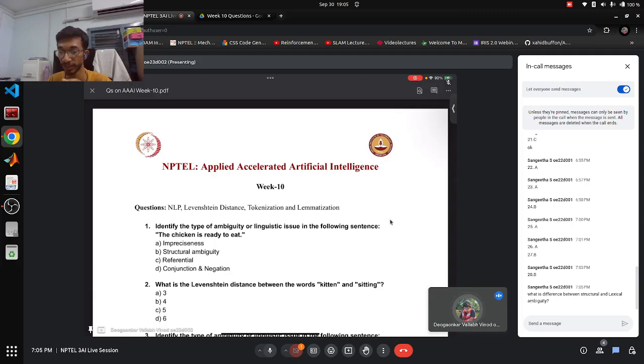Lexical is just a single word which can have two meanings. So let's say the bat could mean the cricket bat, or it could also mean the bat animal. That is called lexical ambiguity.